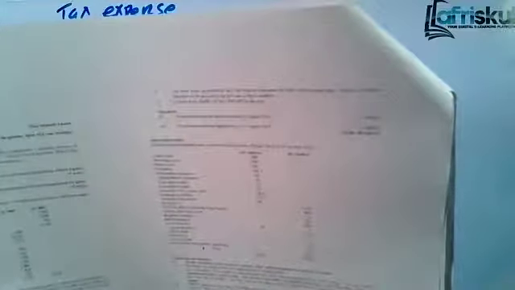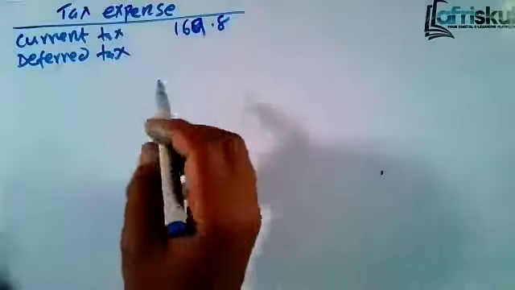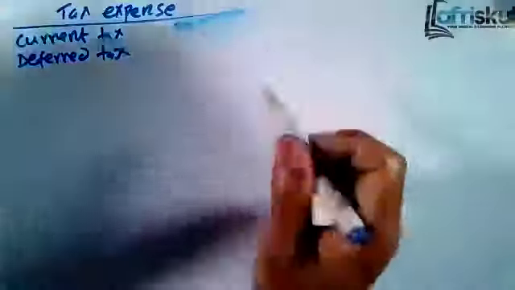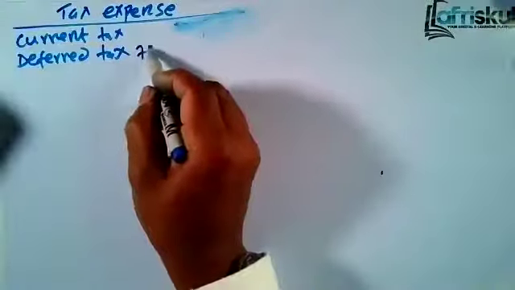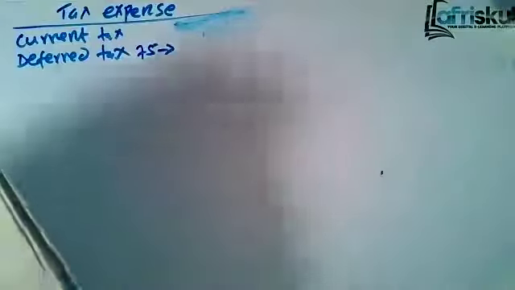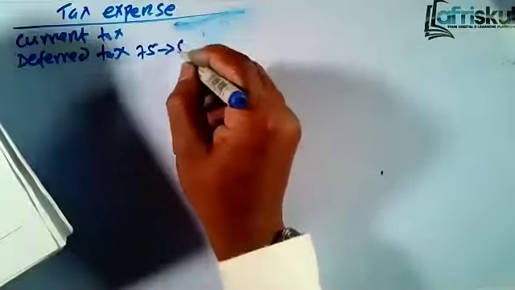Now let's go to the trial balance. Spot for me the deferred tax. From the trial balance, I can see the deferred tax was 75. It was increased to 84.6.